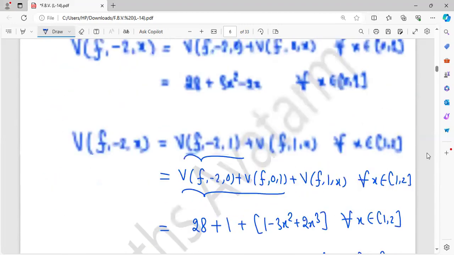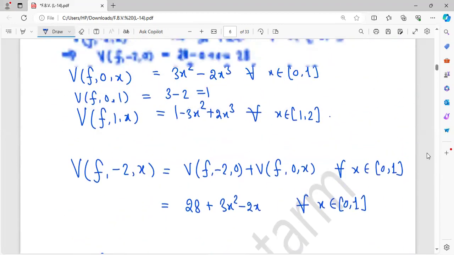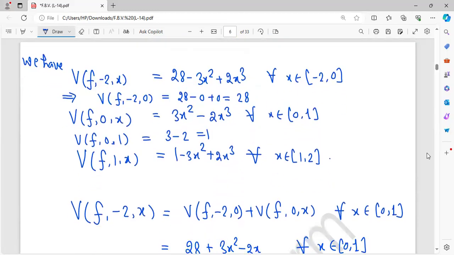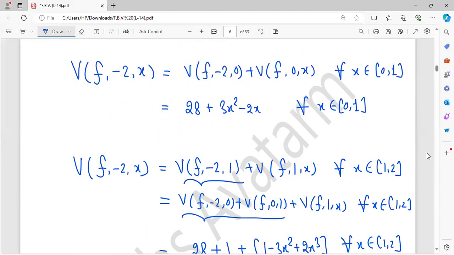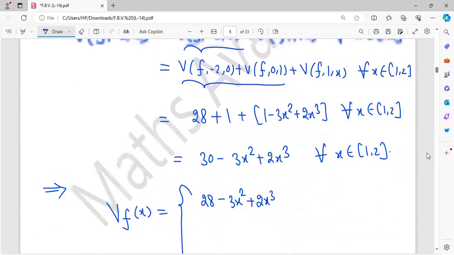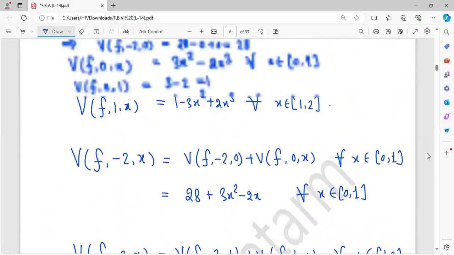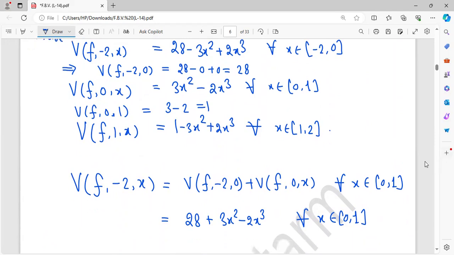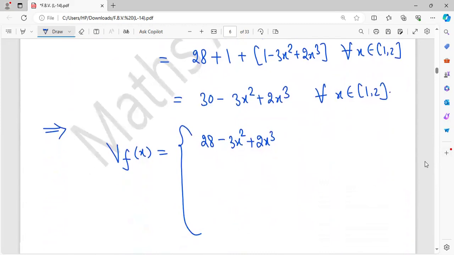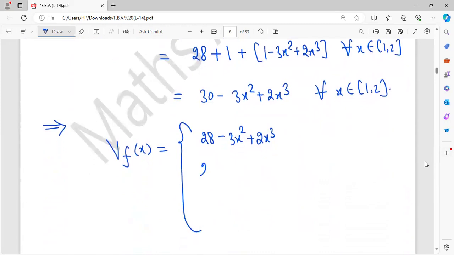So I am writing all these things here. What is 28 minus x square plus 2x cube? Here is the cube. Okay. 28 plus 3x square minus 2x cube.